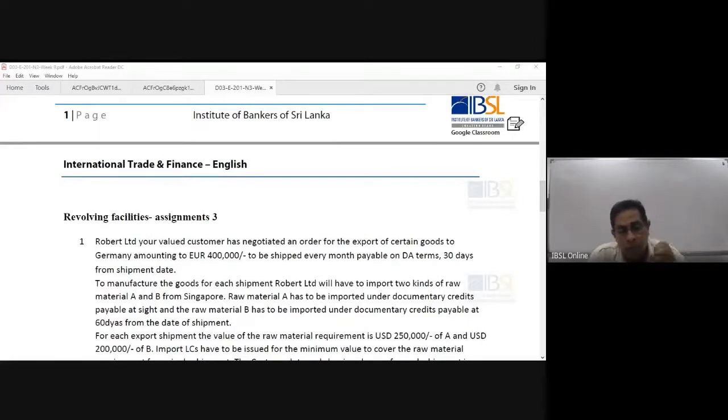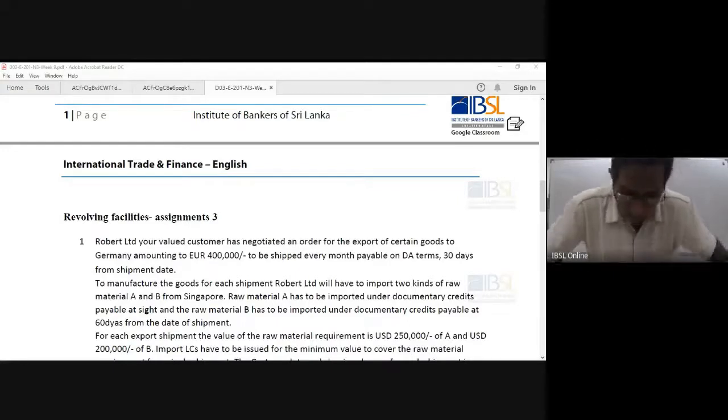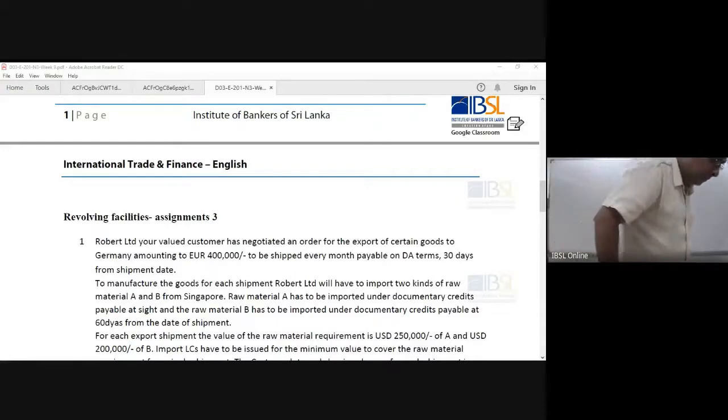To recoup, you can use the word mitigate, to recoup such unforeseen losses.